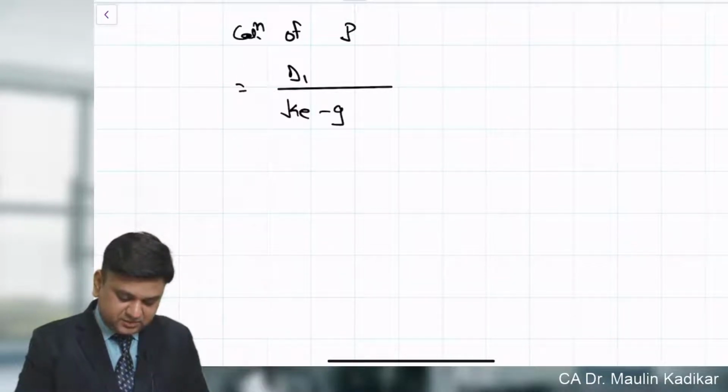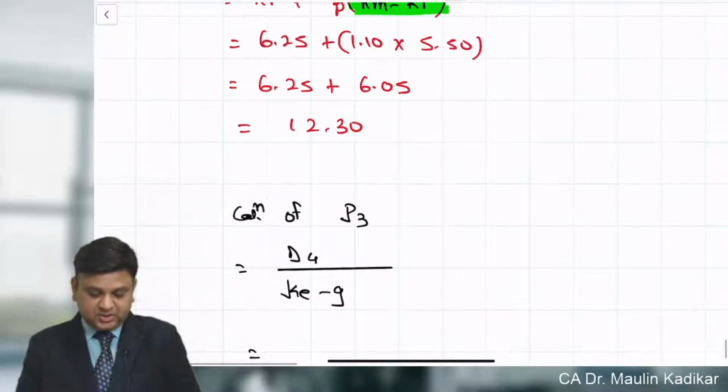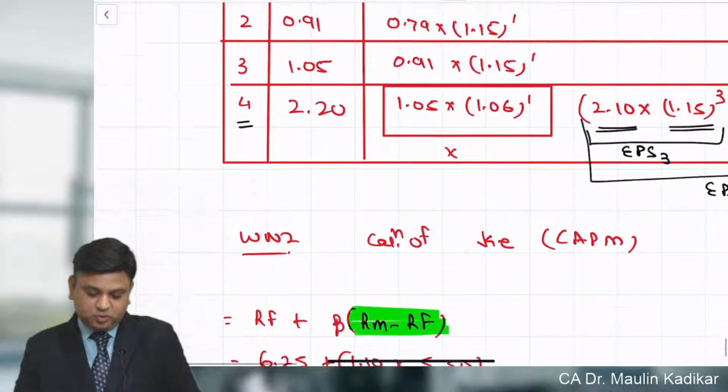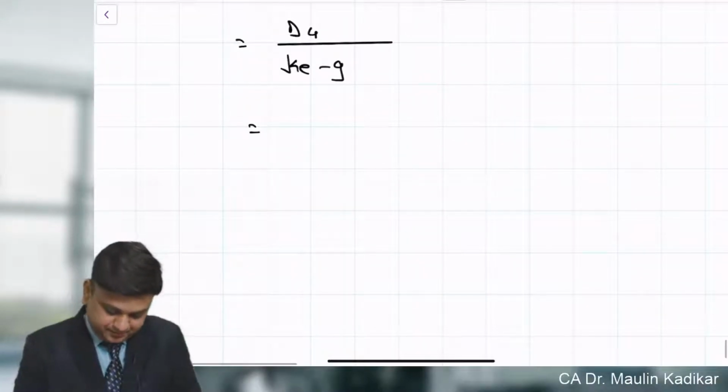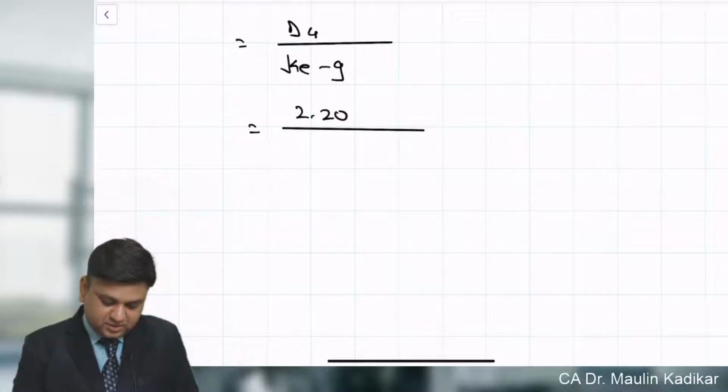So P3 is equal to D4 divided by K minus G. What is the fourth year dividend per share? Fourth year dividend per share is 2 rupee 20 paise divided by cost of equity.